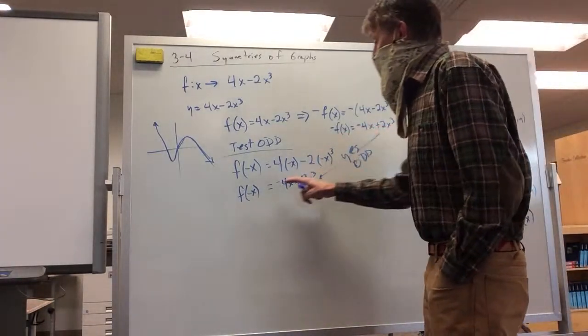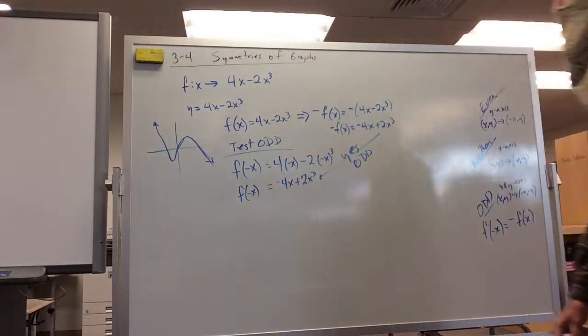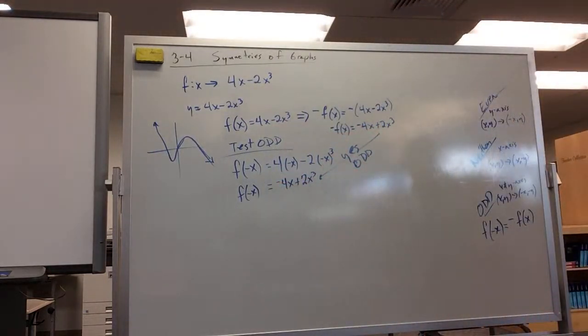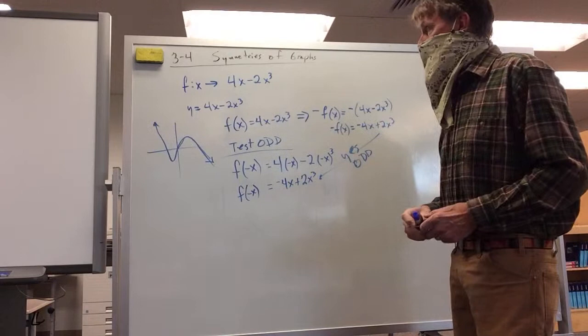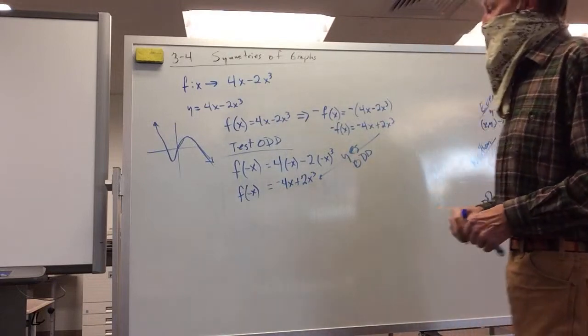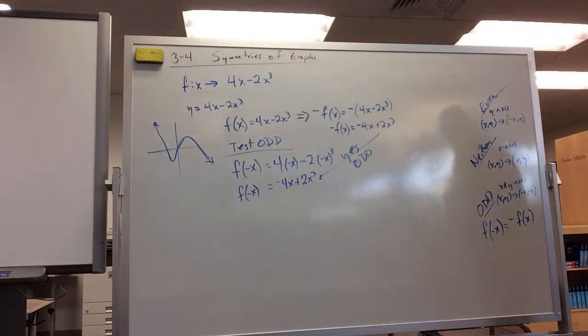Is this with a negative in front of it? So I graphed that, it's not the same. What did you graph? Both of them. Well, sure, they're not the same. It's the opposite. It's an odd function. It should be a rotation. I got a parabola and I got a squiggly.